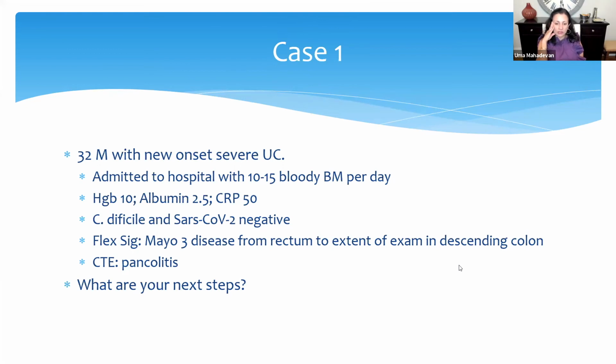So you start them on IV steroids, they're really not responding, their PPD comes back negative. Can I call on Ronnie? What would you offer them? If I see your face, that means you're okay with me calling on you. So if you don't want to be called on, you can turn your face off. But Ronnie, what would you do?